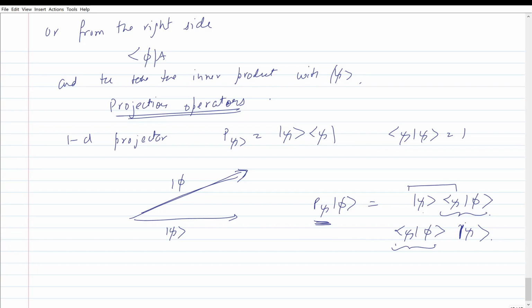How much of psi is there in phi? How much of this component is in this particular vector along this direction over here? And of course, as you can see from the triangle rule, this is going to be the original vector minus the projected vector. It's going to be this guy.